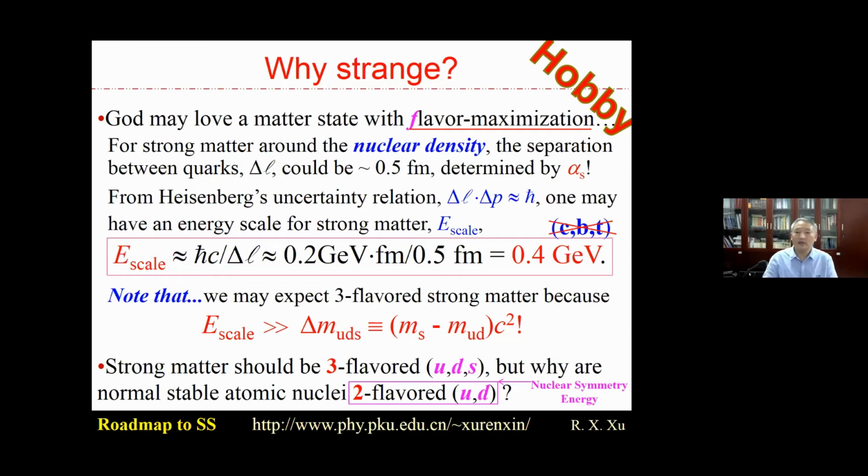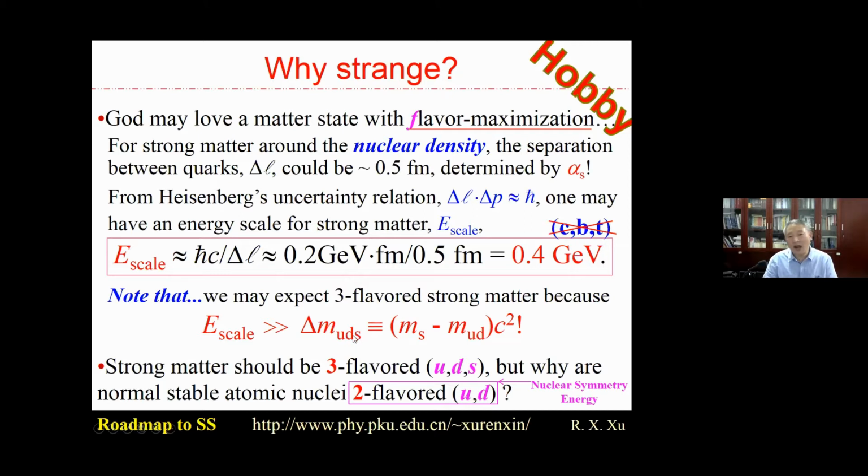We can only think about 3 flavors because the rest mass of the strange quark, although higher than up and down, is small. The up and down quark masses are a few MeV or 10 MeV, but the strange quark rest mass is around 100 MeV.